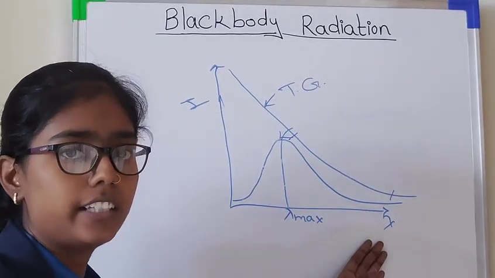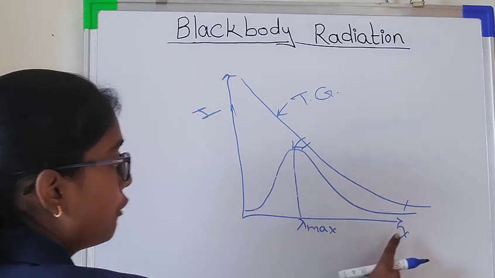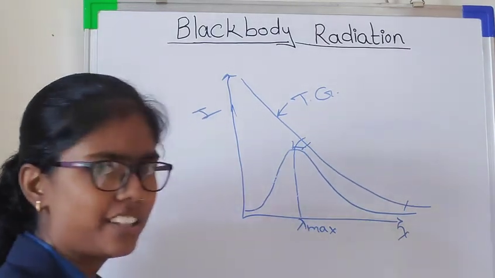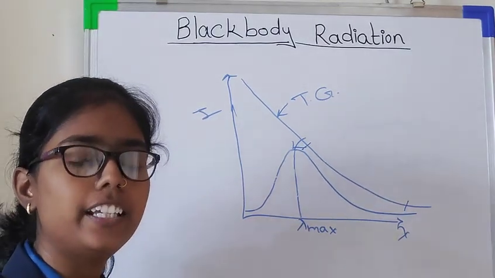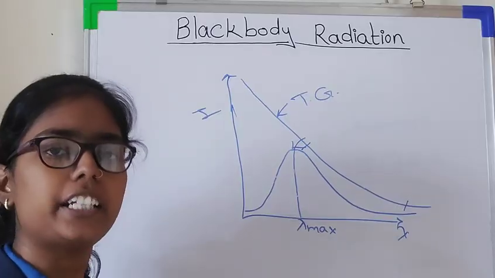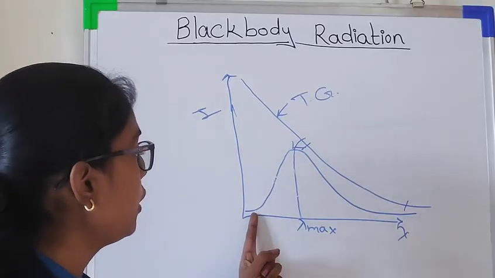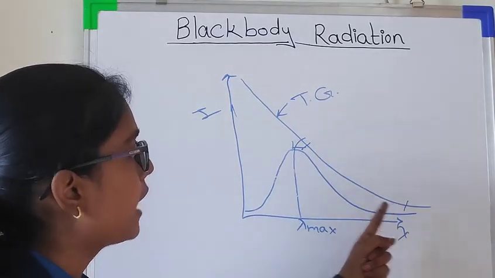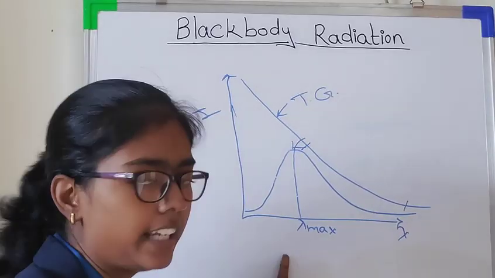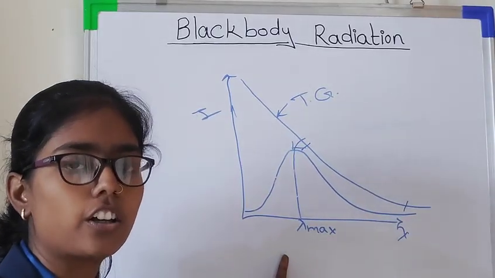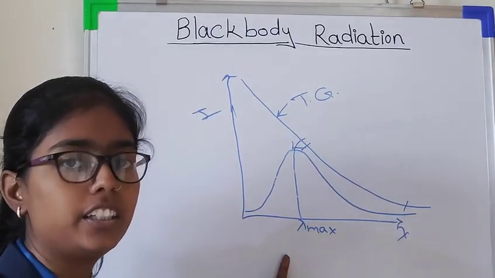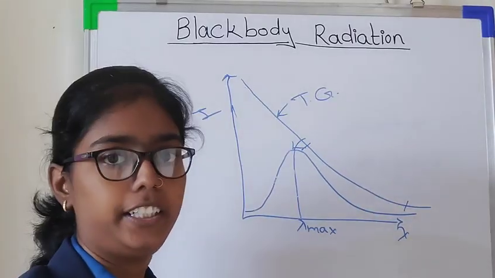What we observed is that radiations of less wavelength are emitted in small quantity. But the theoretical graph says that for less lambda, radiations of less wavelength will be emitted in large quantity.